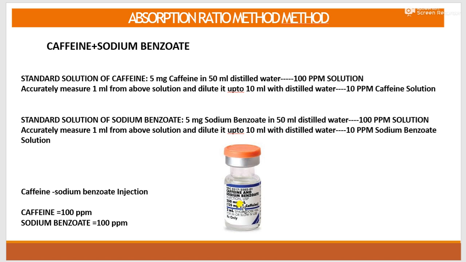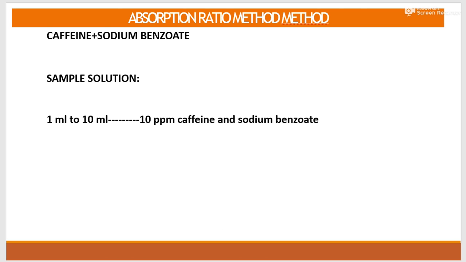The sample will be an in-house prepared injection containing caffeine and sodium benzoate having concentration caffeine 100 ppm as well as sodium benzoate 100 ppm. This in-house injection is diluted 10 times, means 1 ml of this sample is diluted to 10 ml to get 10 ppm each of caffeine and sodium benzoate.